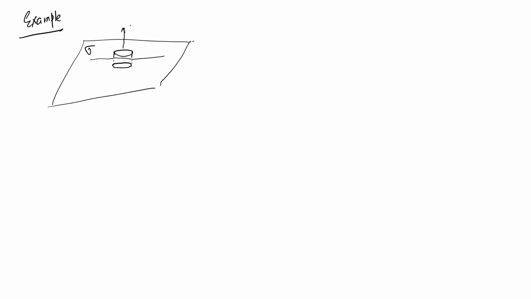The plane goes through in between. For this surface, this is the n cap, and for this other surface, this is the direction of n cap. The electric field will be in this direction here, and in this direction there.